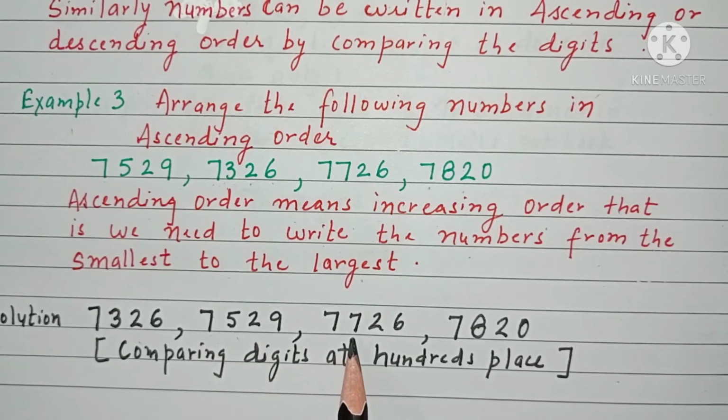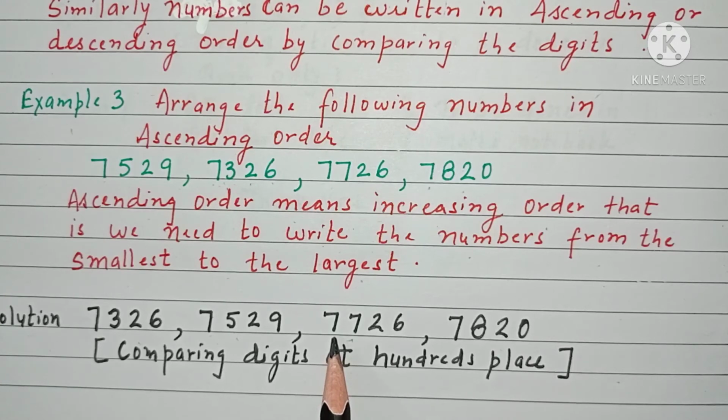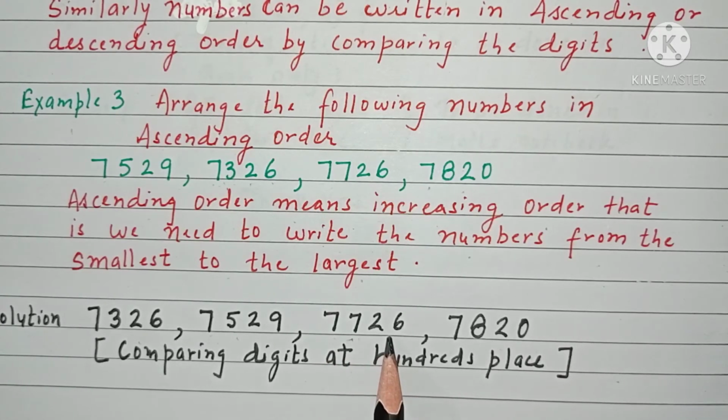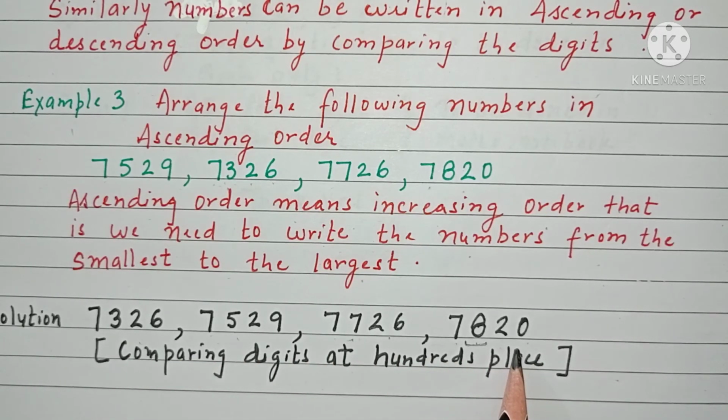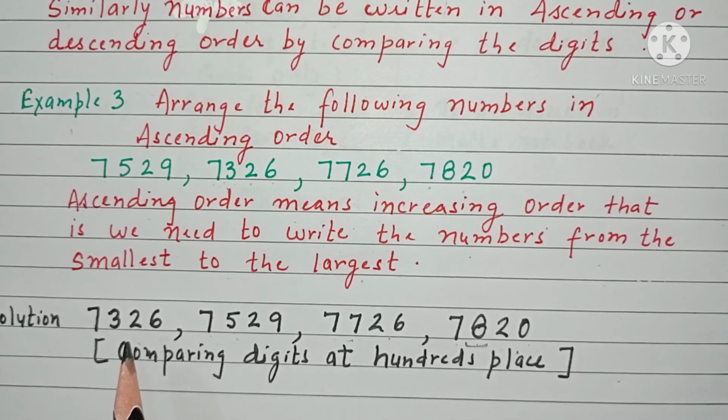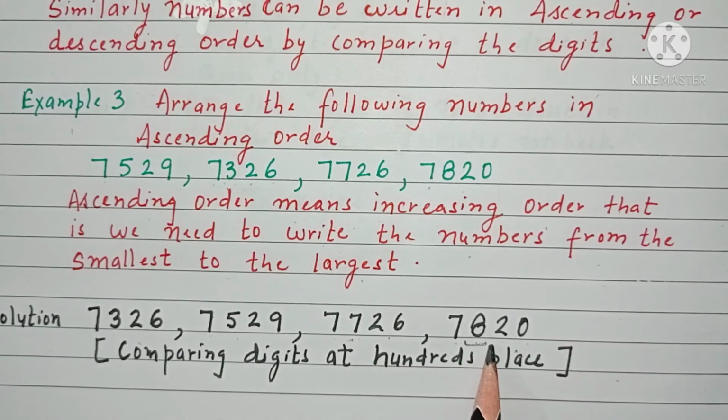Now we will see for the next place, which would be 7726, and the highest hundreds is 8 and the number will be 7820. So this order is the ascending order, means the increasing order of the numbers from the smallest to the greatest.